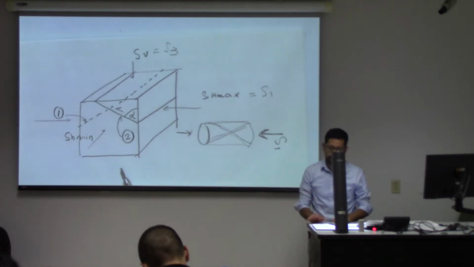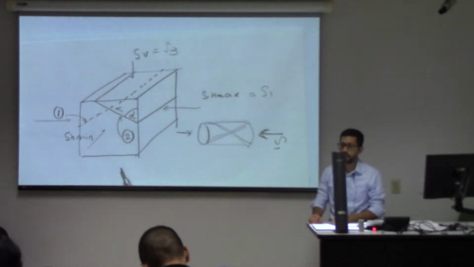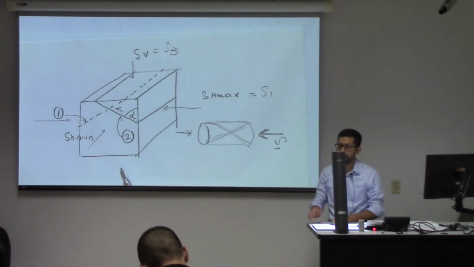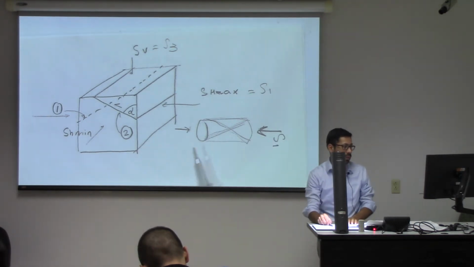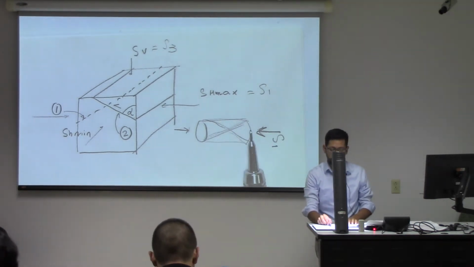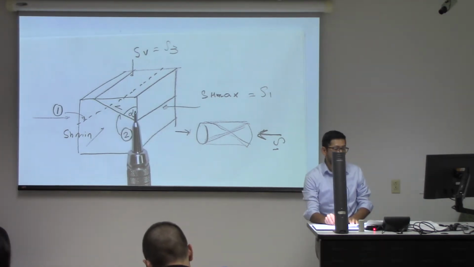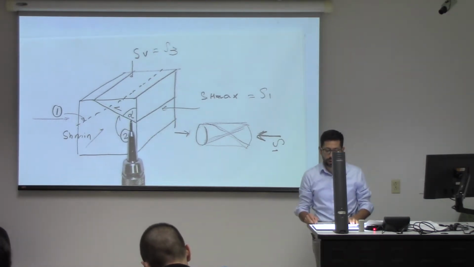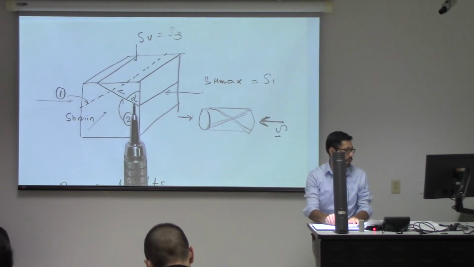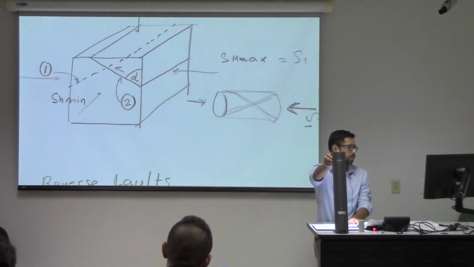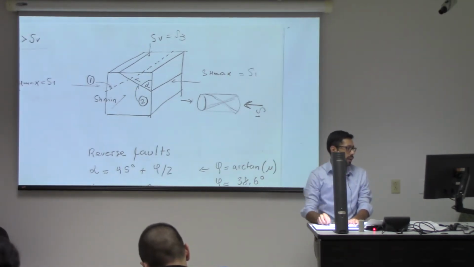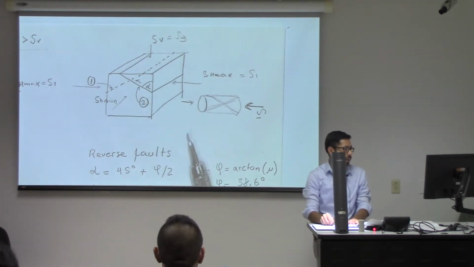The next step here is to recognize the angle. But first, remember always that this is going to be a steep angle from the plane of the maximum principal stress. That angle is going to be always between the plane of S1 going to S3.